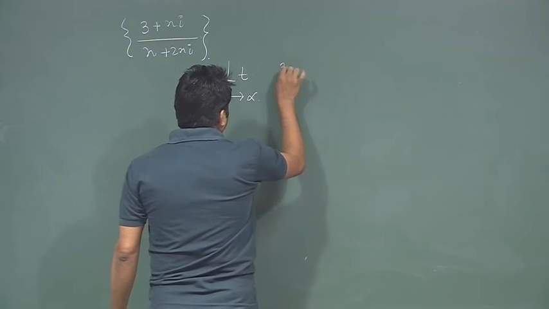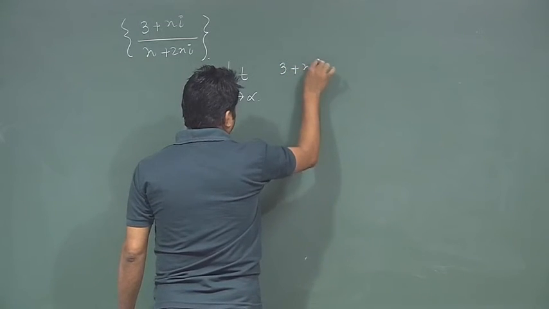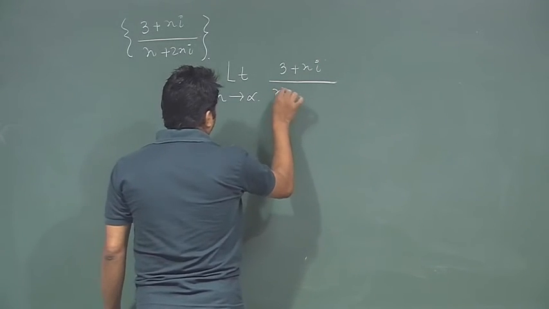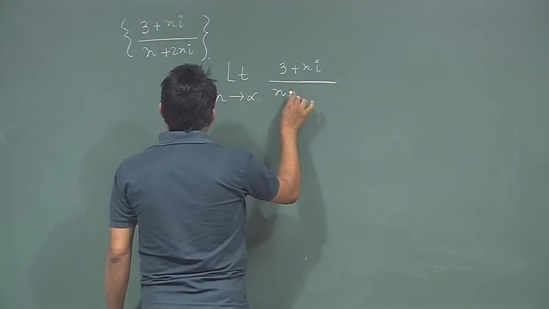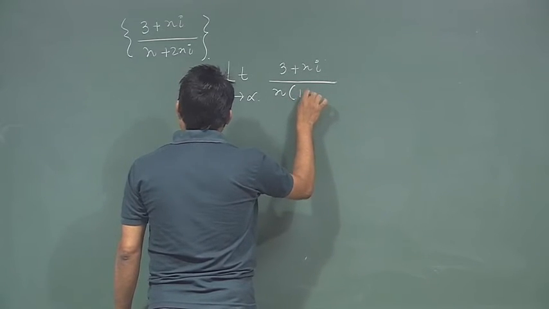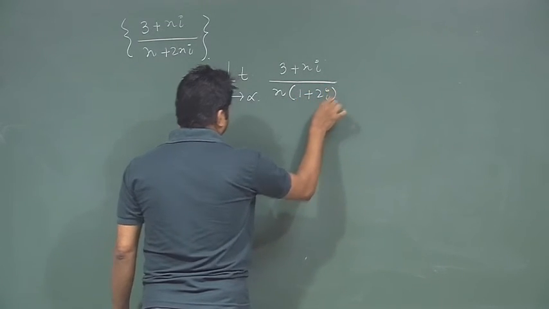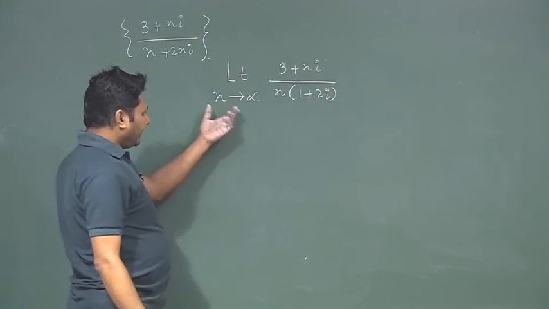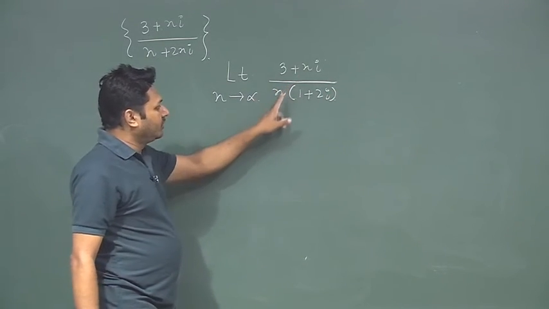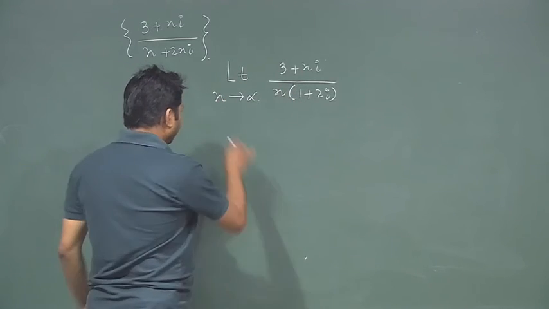So, it will be 3 plus ni divided by n times 1 plus 2 I, right. When n tends to infinity, my first target is to remove this n, to make it 1 by n.